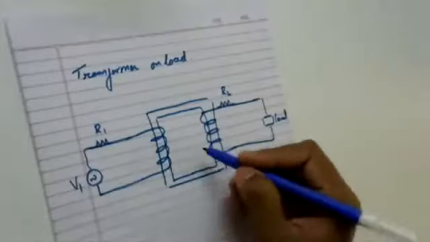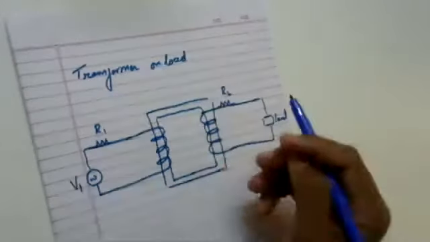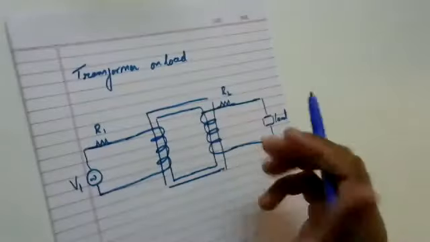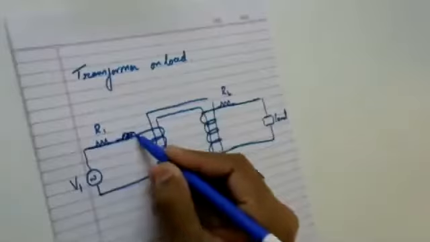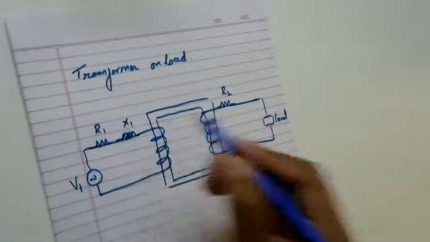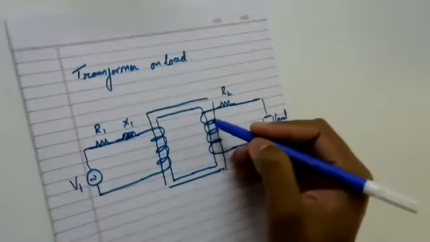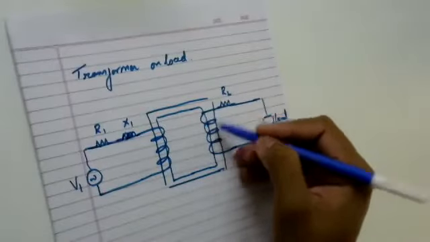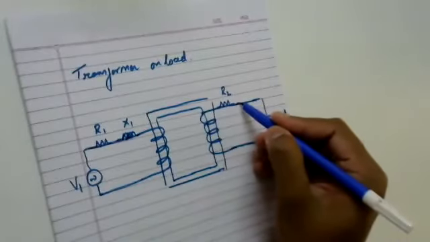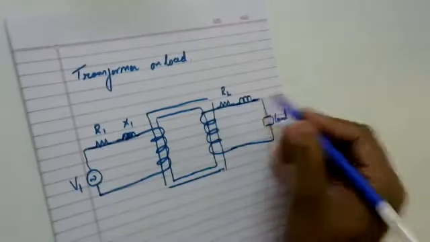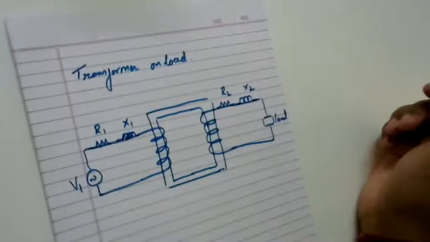To resemble the concept of leakage flux, the leakage reactance is shown with an inductive symbol called X1, and the leakage flux seen on the secondary winding is represented with an inductor on this side, indicating X2.